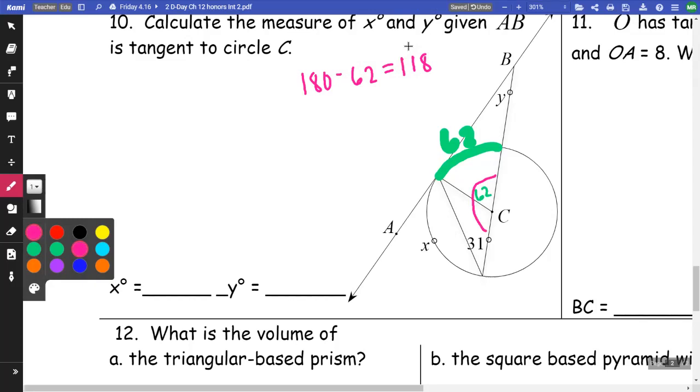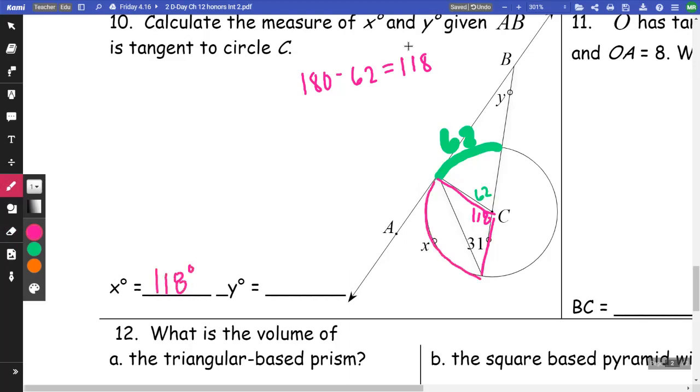So this right here is going to be 118. And if that is 118 and that forms that central angle, this arc is going to be 118 degrees.